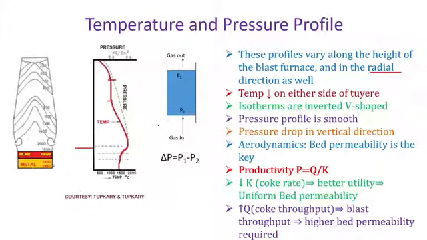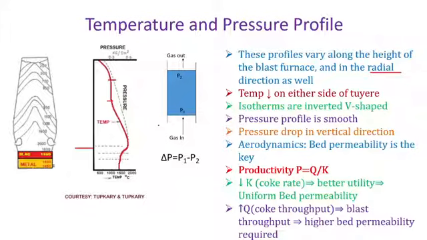The charge within a blast furnace offers resistance to the gas flow. This causes a pressure drop in the vertical direction from the raceway to the top, that is, the stock line. Therefore, the capacity of these turbo blowers should be sufficient to counter these pressure drops.